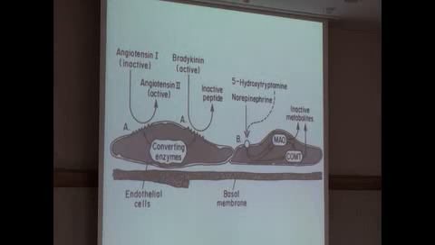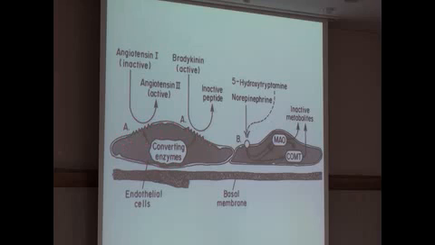Why do I insist so much on the importance of bradykinin? Well, because bradykinin is formed in our body. And bradykinin is also a substrate for a very important enzyme in our body. An enzyme that I've already mentioned, converting enzyme, that is located on the surface of the endothelial cells.